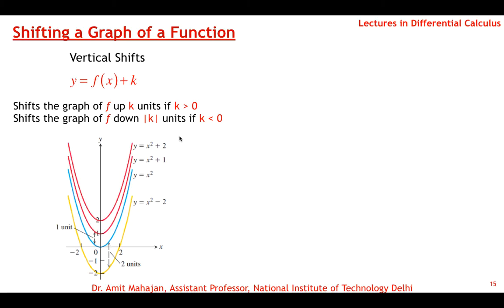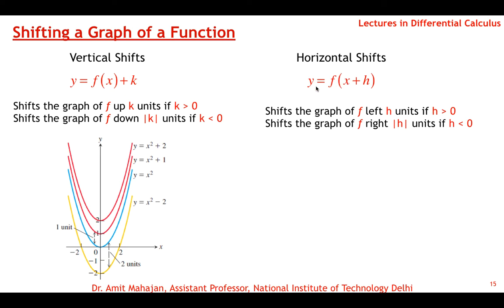And if k is negative, say k is minus 2, then y equals x square minus 2 is a parabola, the graph of y equals x square shifted downward by 2 units. So basically if you add any constant k to f(x) on the right hand side, as f(x) plus k, then it shifts the graph upward or downward.